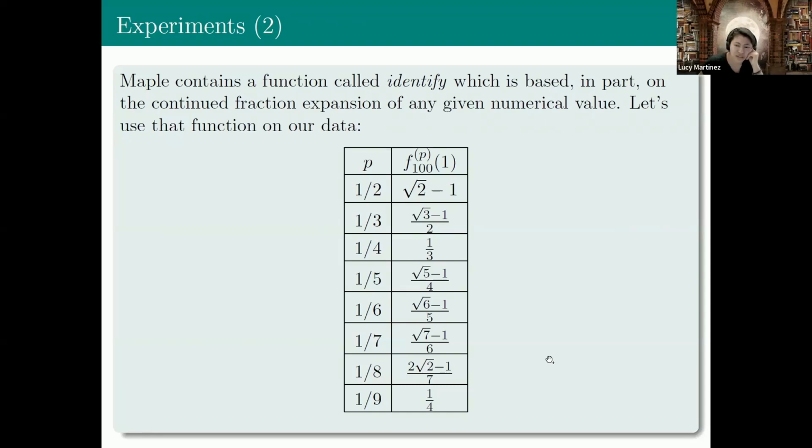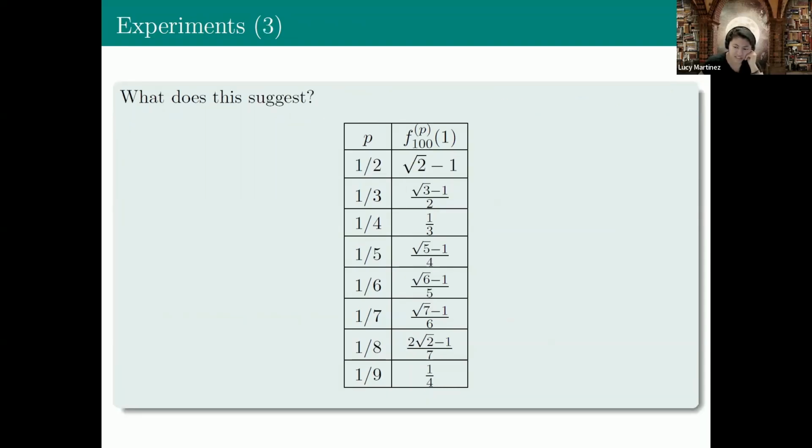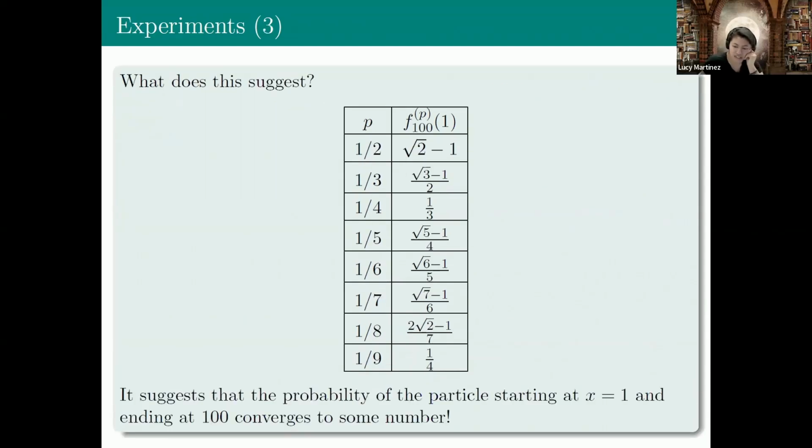So let's explicitly state what this suggests. It suggests that the probability of the particle starting at x equal to 1 and ending at 100 converges to some number.